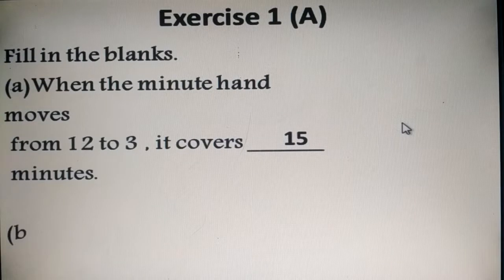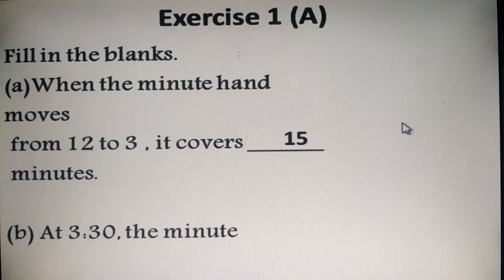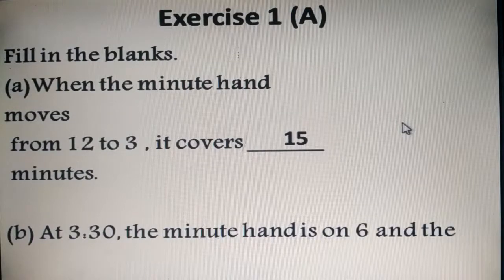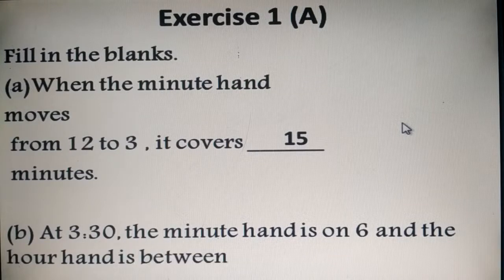Next is part B. At 3:30, the minute hand is on 6 and the hour hand is between dash and dash.